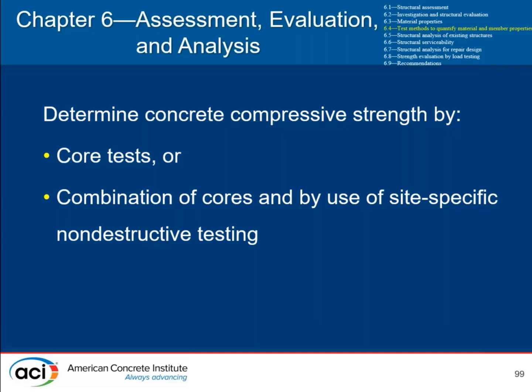The non-destructive testing to evaluate the in-place strength of concrete shall be permitted only if a valid correlation is established between core sample compressive strength test results and non-destructive test results from the concrete in the structure that you're looking at. It's not permitted to quantify compressive concrete strengths by NDT alone without core tests.